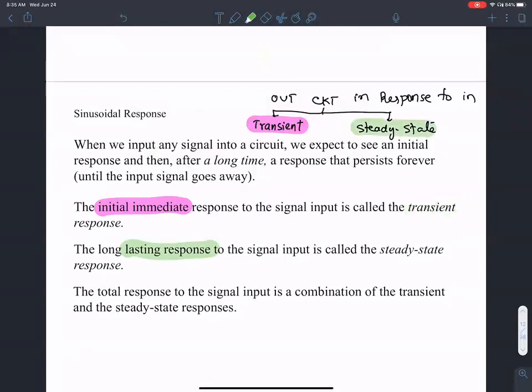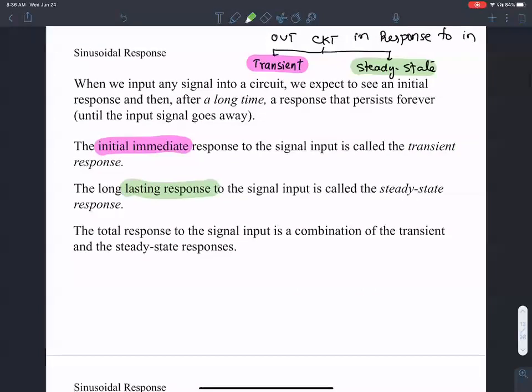So the total response is the sum, or the combination, of the transient and steady state responses.